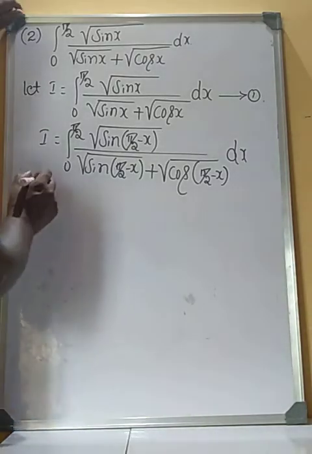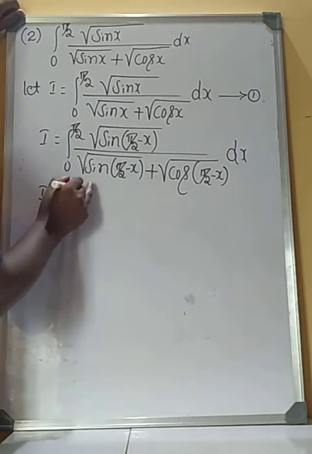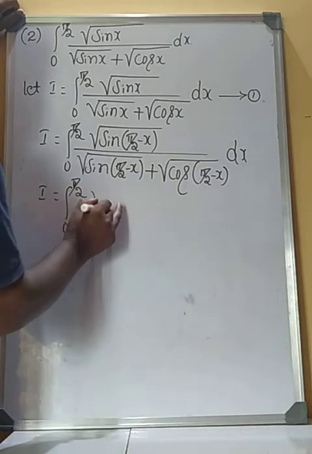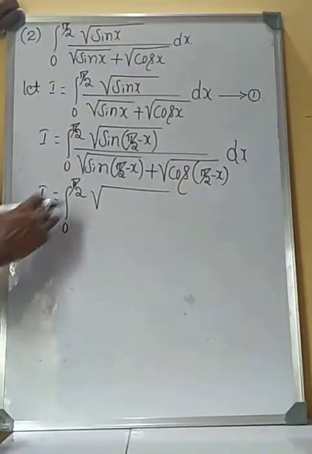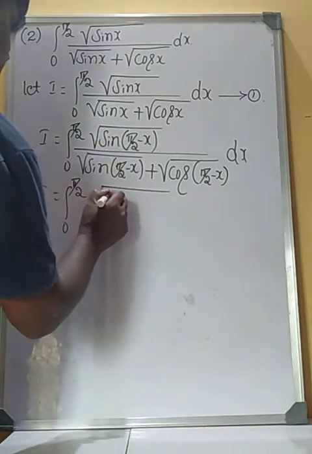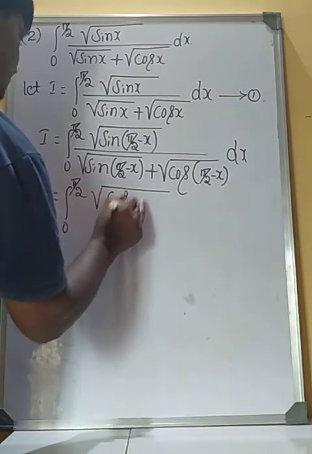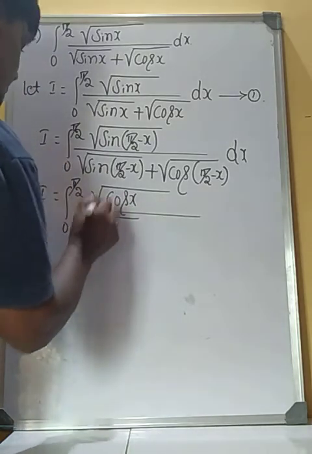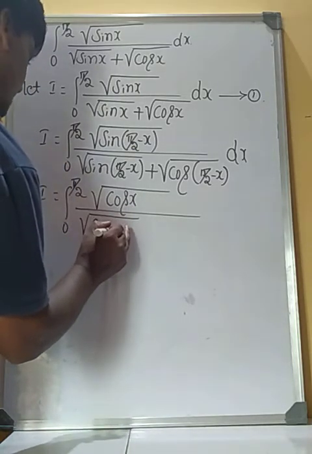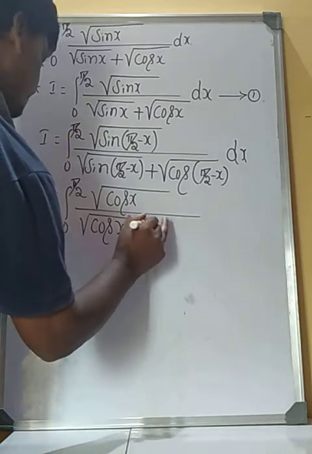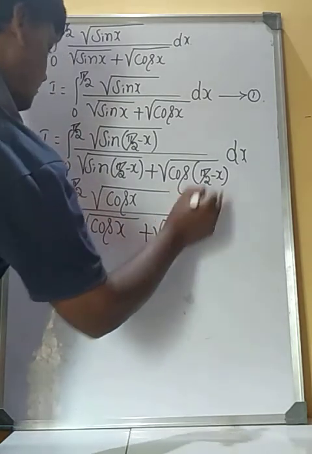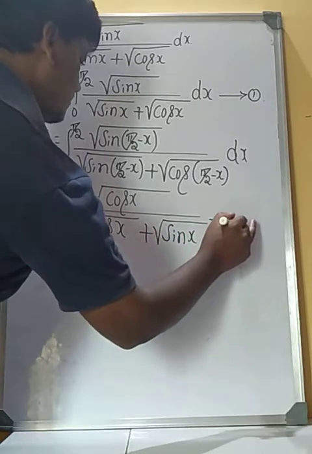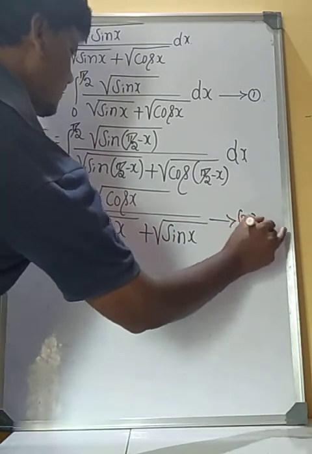So therefore I equals the integral from 0 to pi by 2 of root of sin of (90 minus x), which is cos x, divided by root of sin of (90 minus x), which is cos x, plus root of cos of (90 minus x), which is sin x. So this is called equation number 2.